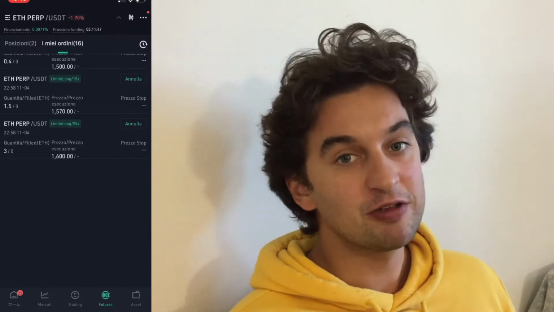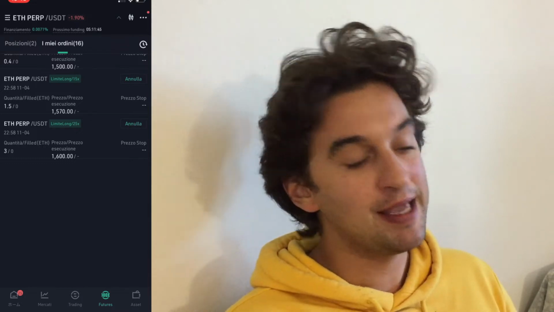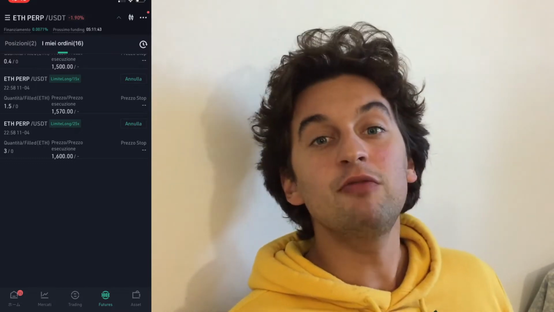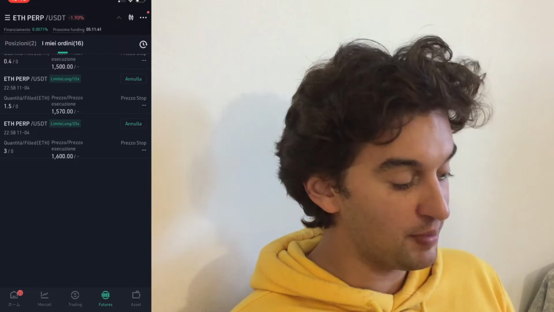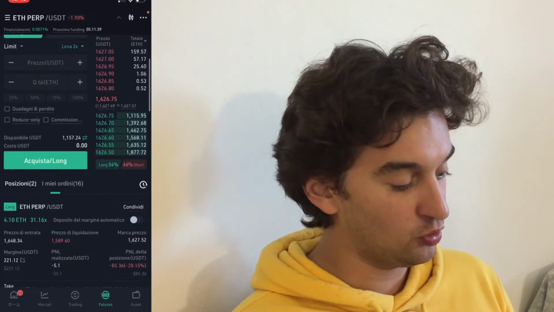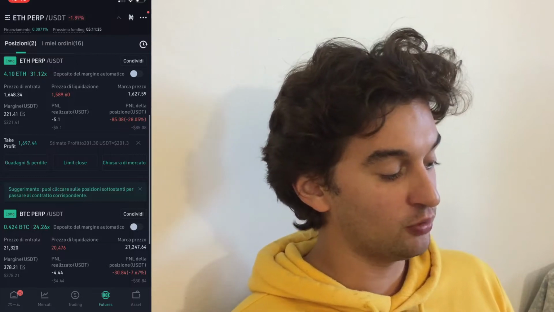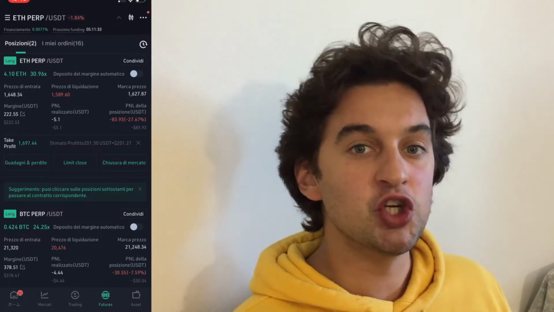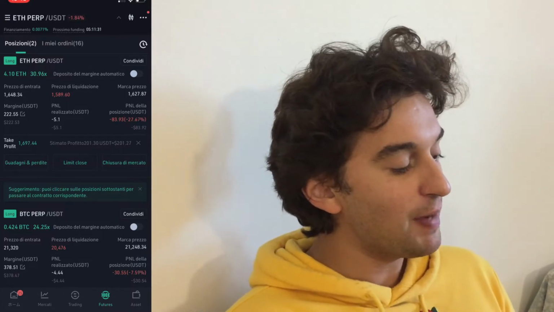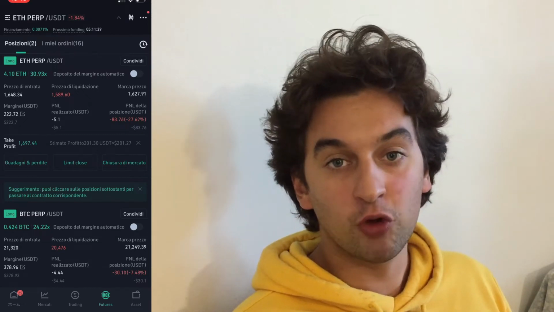So instead of 1,596, if I buy in at 1,600, my liquidation price will go lower, because my entry price, as we're able to see here underneath the 4.10 Ethereum in green, prezzo di entrata, which is entry price, is 1,648.